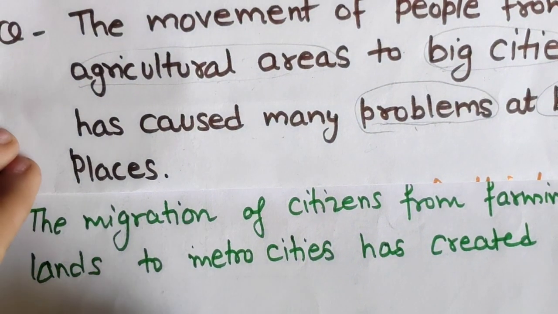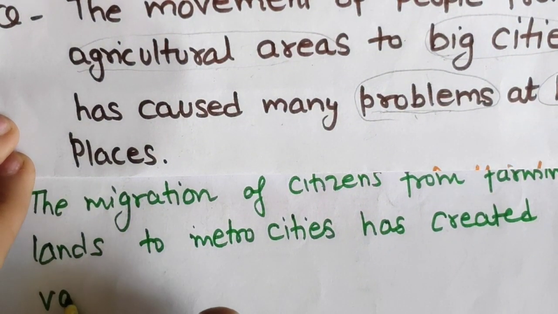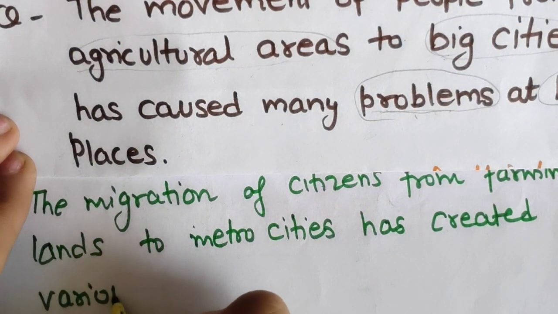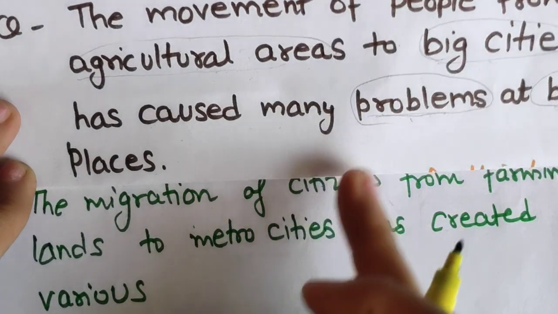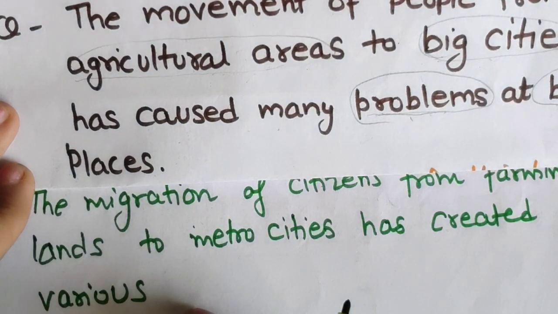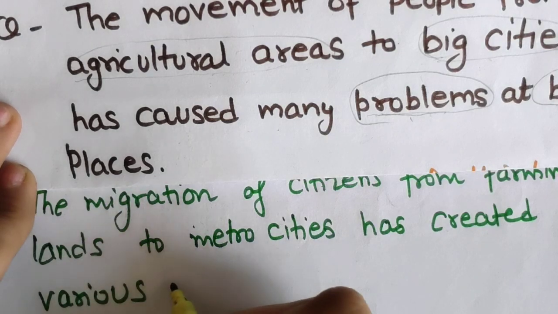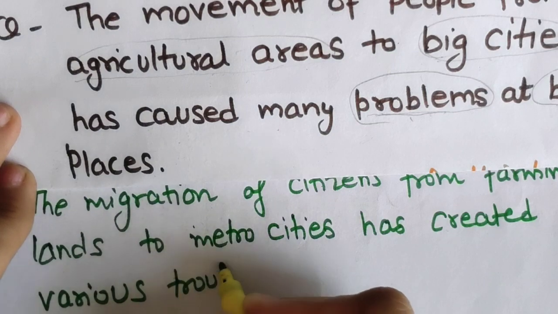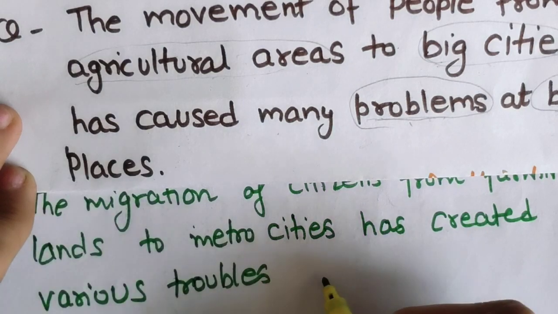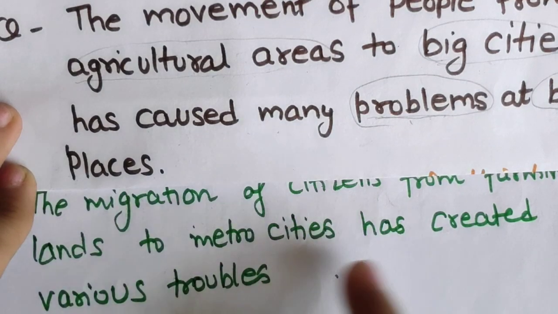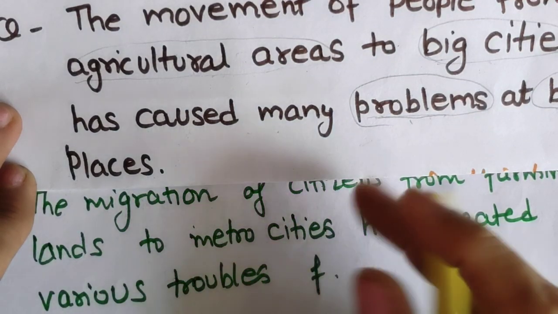So instead of "many", we will be writing "various". Instead of "problems", what we can write: issues, troubles. Has created various troubles for at both places.